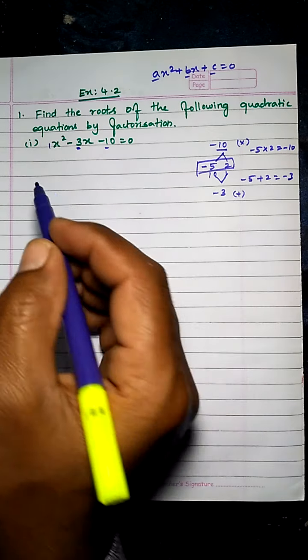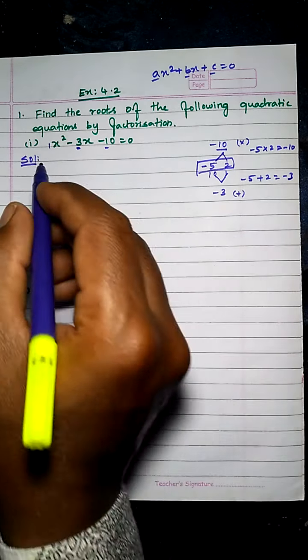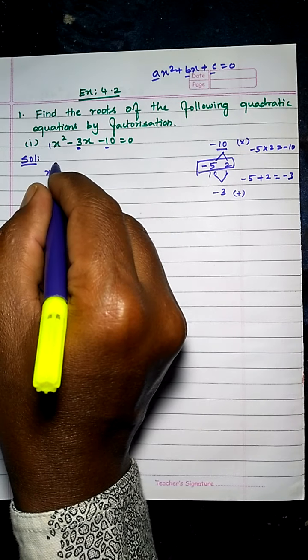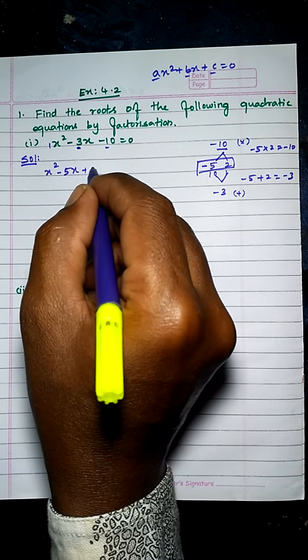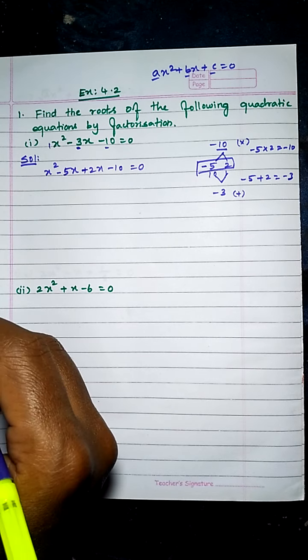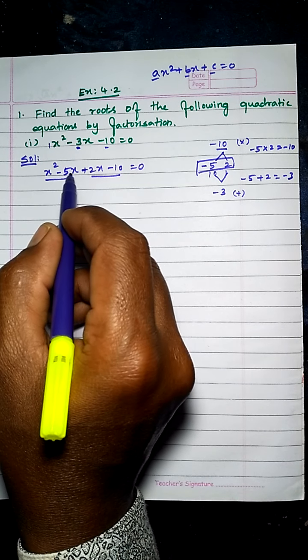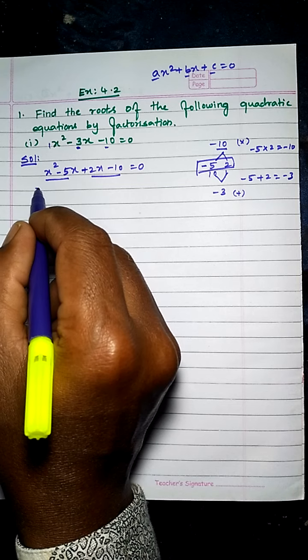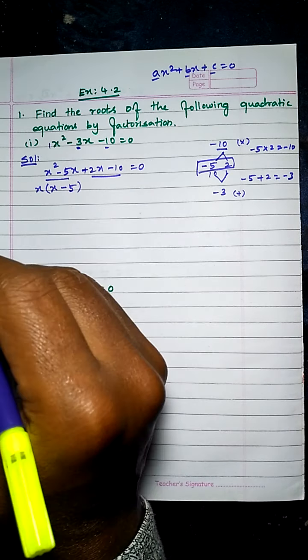Okay, now let's split. The middle term can be split in this way: x square, then the middle term written as minus 5x plus 2x minus 10 equal to 0. Now from these two terms, x square and 5x, let's take x common outside, then the remaining is x minus 5.